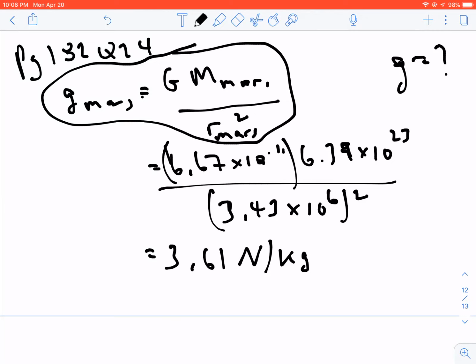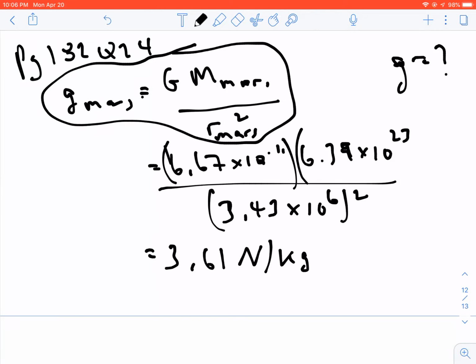Now, this is where the problem is. When you put your numbers in, big G is 6.67 times 10 to the power of negative 11. The value for the mass of Mars in the textbook is wrong. They've given it to you as 6.37 times 10 to the 24th kilograms. That's not correct. The real number for the mass of Mars is 6.39 times 10 to the 23rd kilograms.